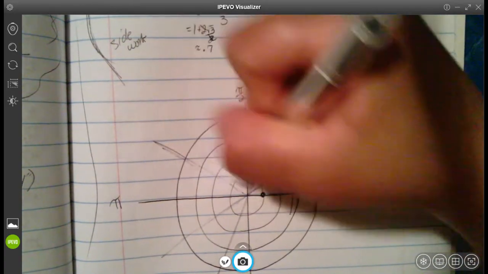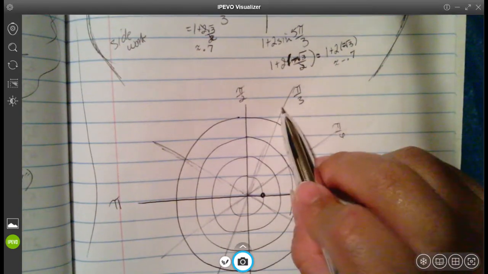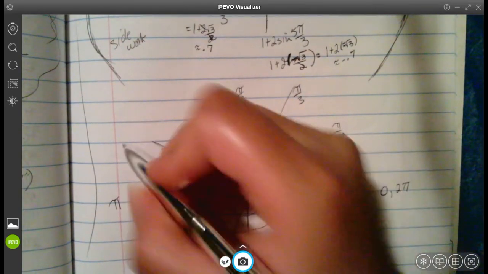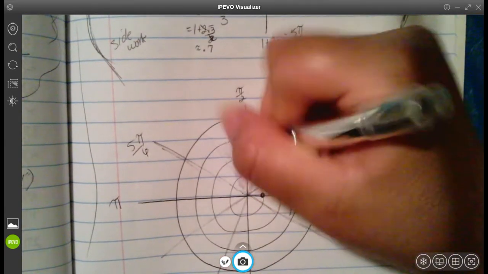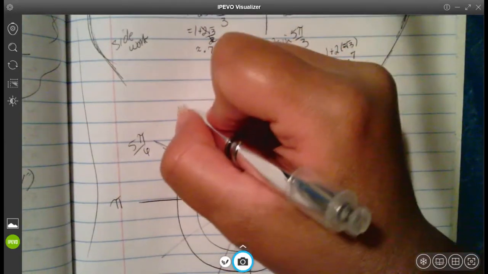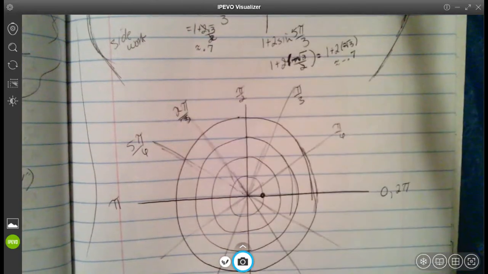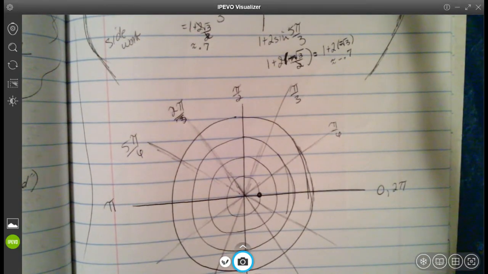So this would be pi over 6, 2 pi over 6, 3 pi over 6, 4, 5. And then the other one would be 2 pi over 3. And of course, the more accurate you draw your lines, the better picture you'll get. But we're just sketching right now.